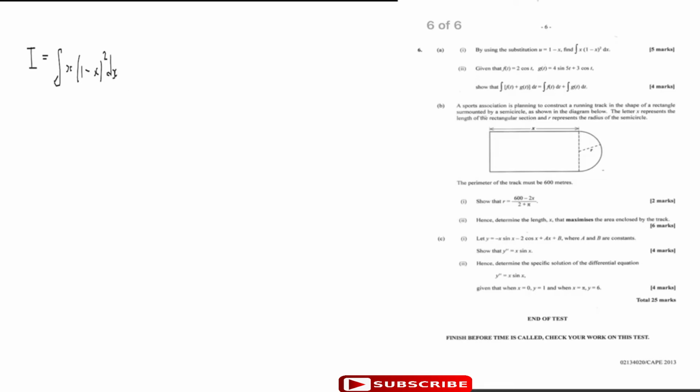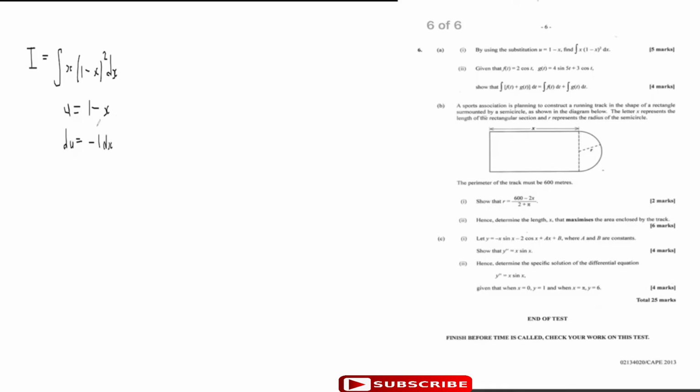Using u substitution, we're calling u 1 minus x. So if u is 1 minus x, then du is equal to -1 dx.